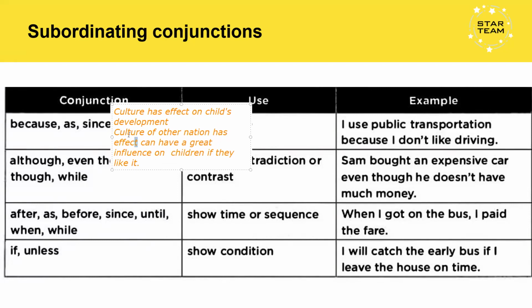No, let's leave it as it was. It's better, I think. Culture of other nation can have a great influence on children's development if they like it. But to be honest, I think if they like it, it's better to use something else.